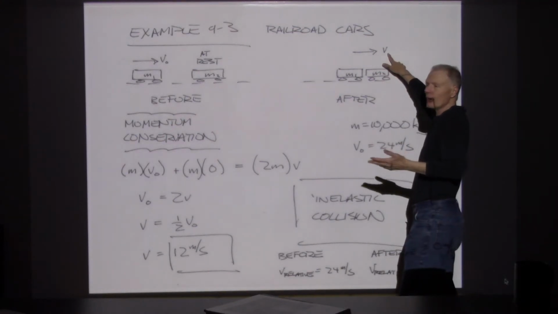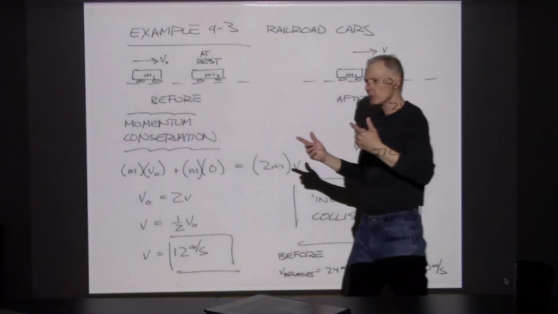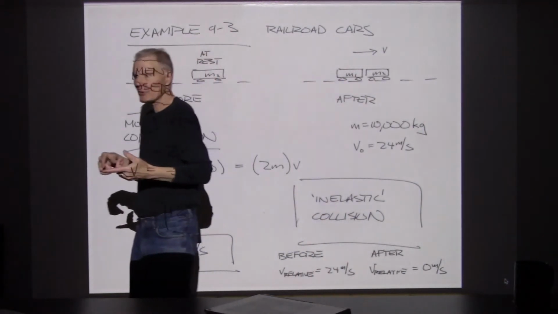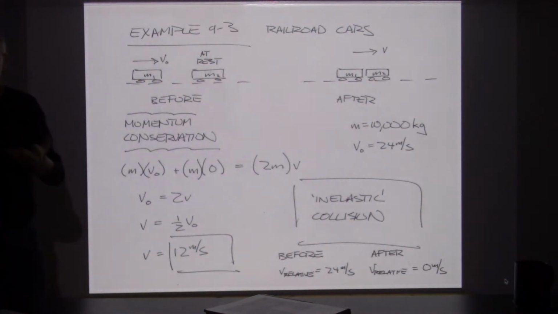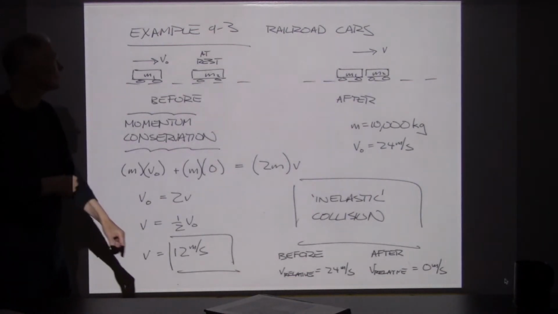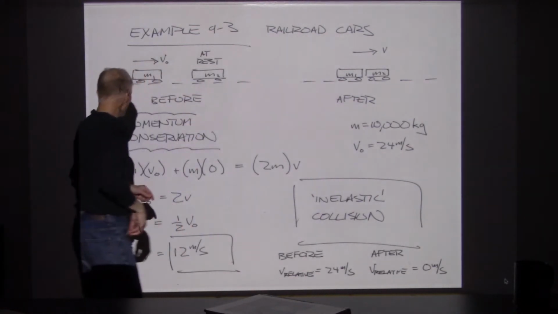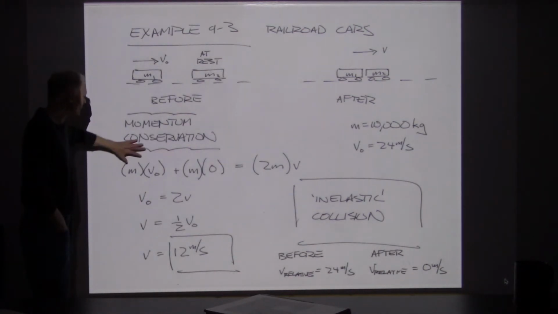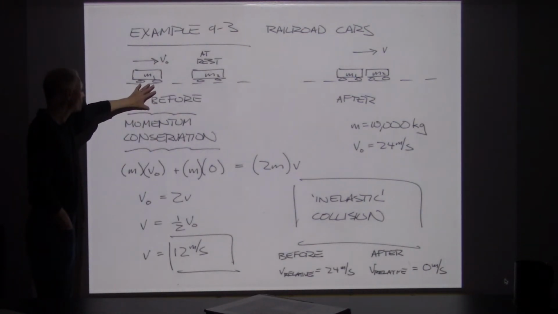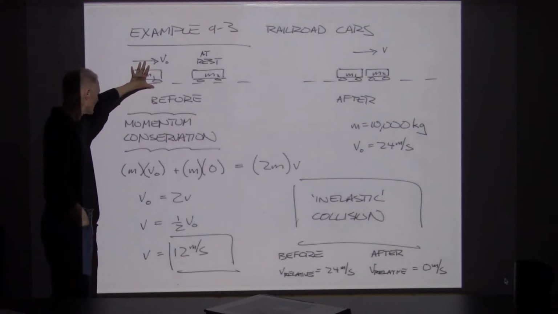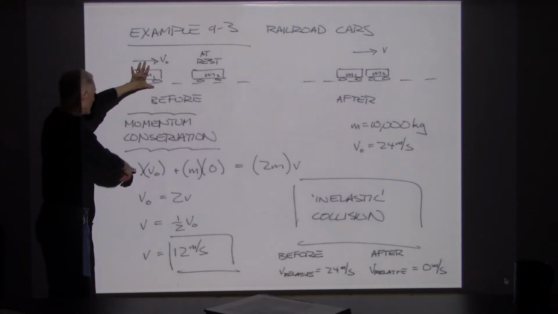There's only one final velocity. I don't have two velocities to solve for, and I don't have different angles that the objects are coming out of the collision. Everything's moving together. So here's how momentum conservation works. I can take the momentum before. That would be the momentum here, which is m1 v0.